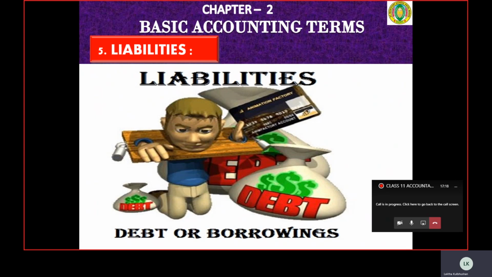We can say liabilities are the duties and obligations of any business or individual which it owes to outsiders. In layman's terms, liabilities can be called a burden on anybody or any business organization till the time we fulfill them.